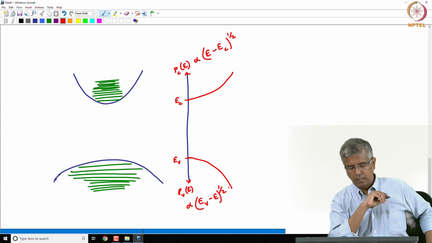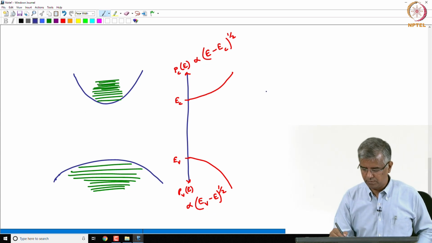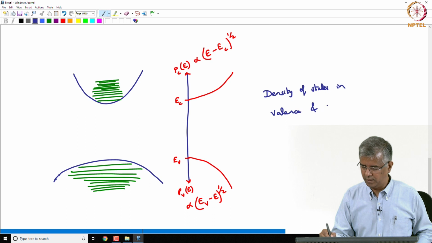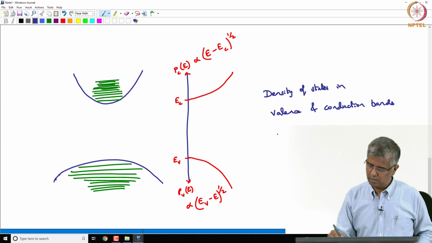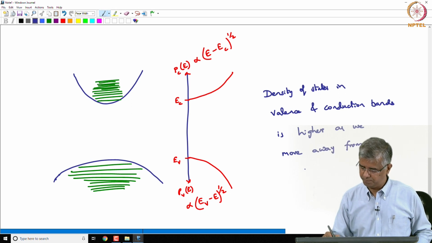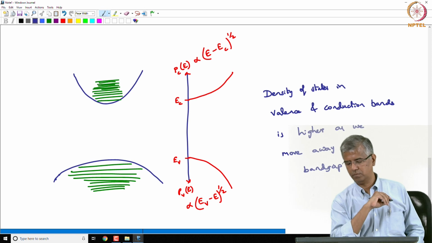okay. So what we are saying is the density of states in both valence and conduction bands is higher as we move away from the band gap, right.